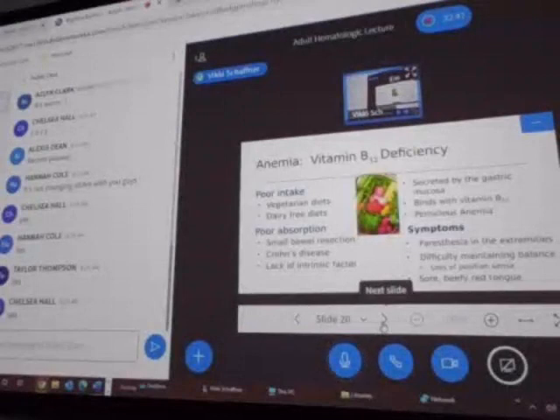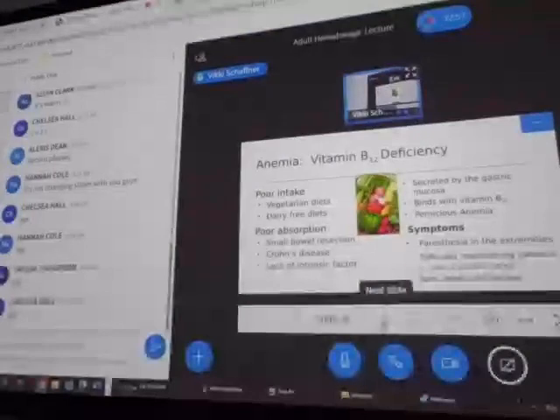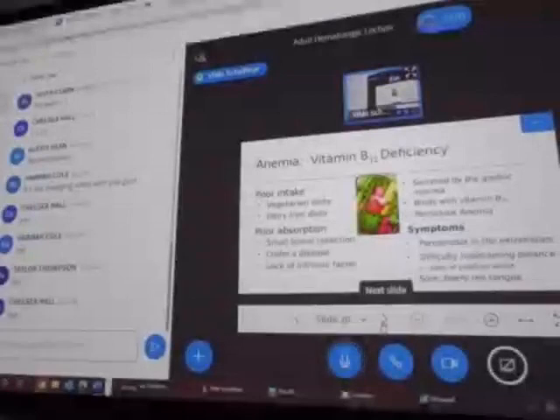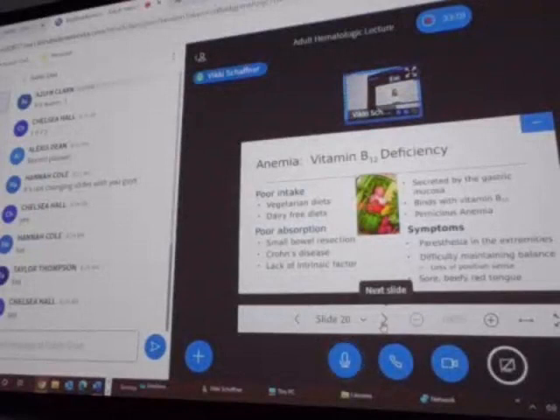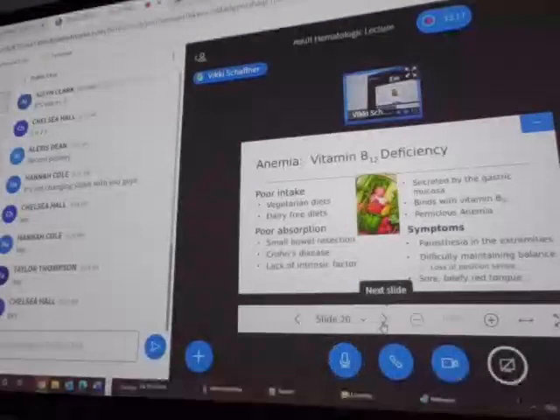poor vitamin B12 intake is often found in people that are vegetarian or have dairy-free diets. It's essential for the manufacture of DNA and the red blood cells. The B12 also contributes to the myelin that covers nerves. It's required for a highly specific protein called intrinsic factor.